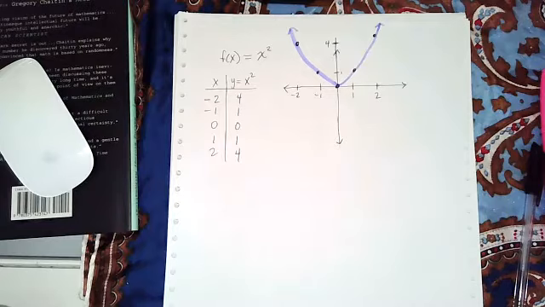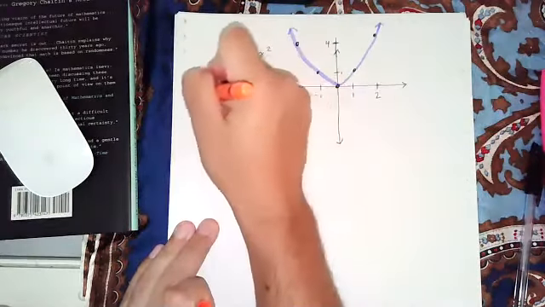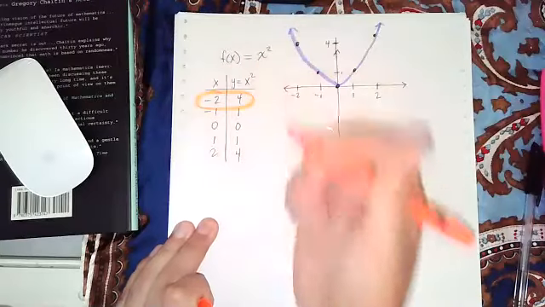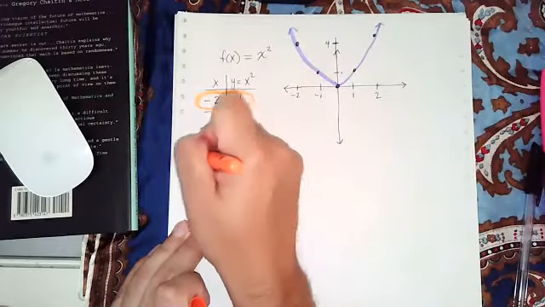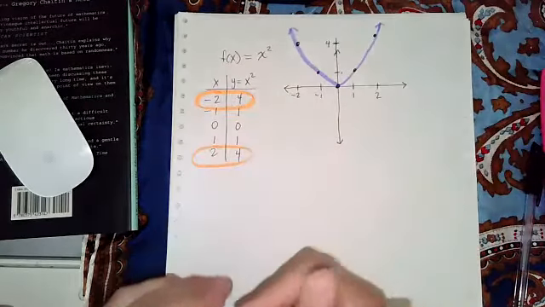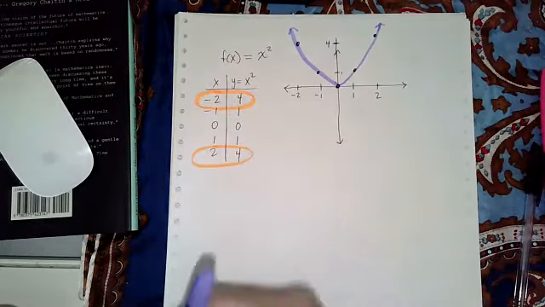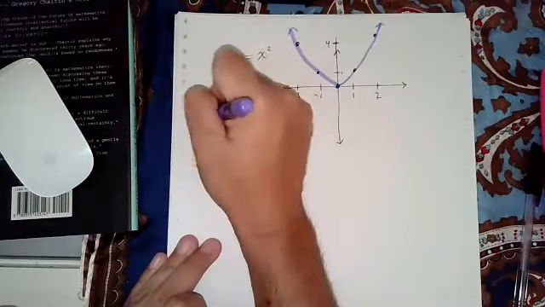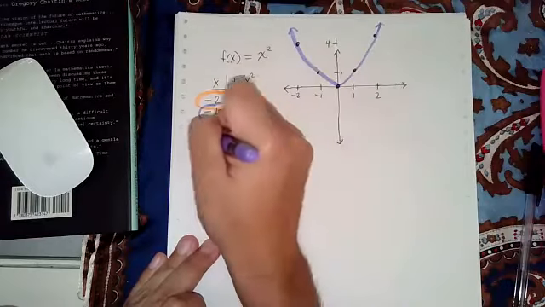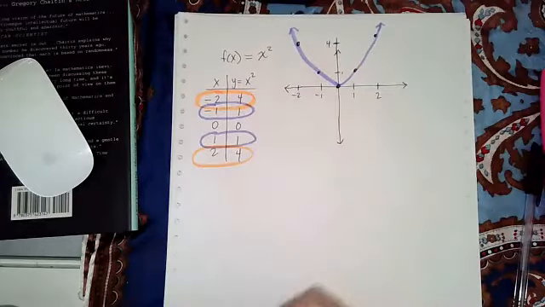Some are shared, right? Like which output values are shared? 4 and 1, right? Because we have this situation where -2 has an output of 4, but also 2 has an output of 4, right? -1 has an output of 1, but also 1 has an output of 1.